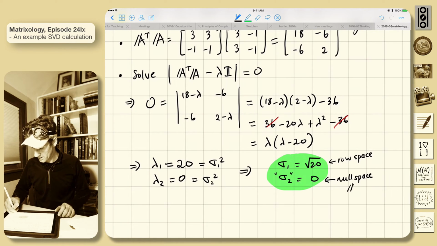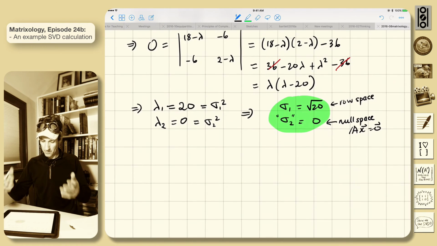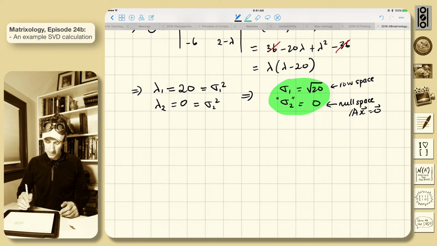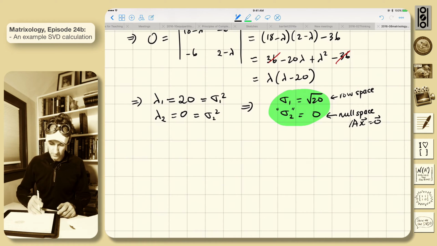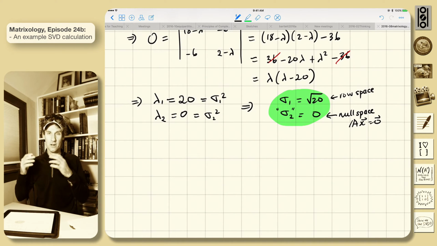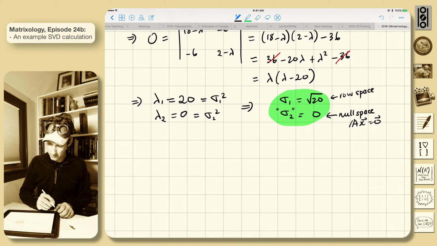This is A times x equals 0. We'll come back to that, but we have a little more work to do. So now let's find the eigenvectors corresponding to these singular values. I'm just going to indicate this here, that's important.